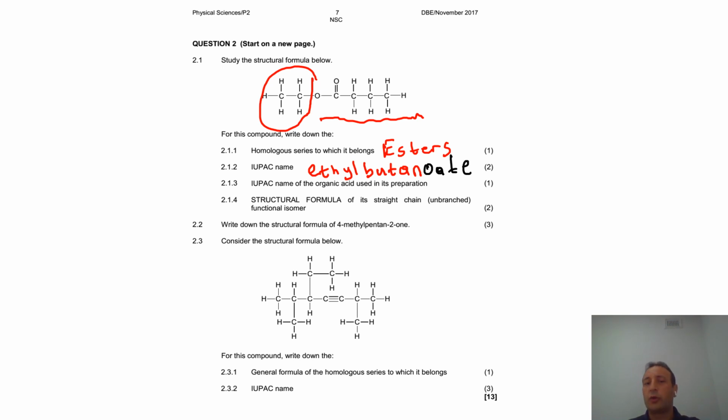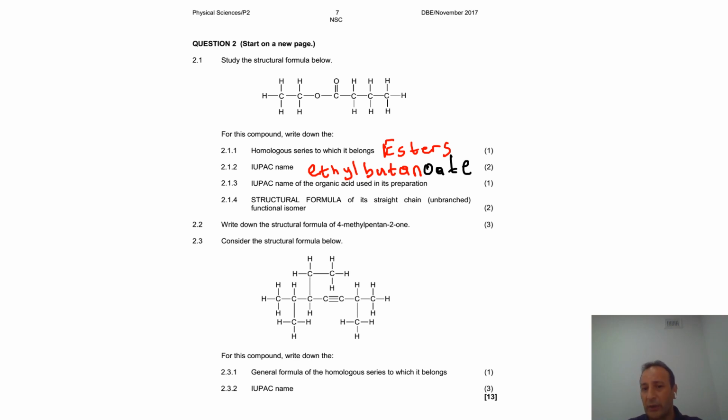2.1.3, IUPAC name of the organic acid used in its preparation. Actually, we haven't gone through this section yet, but let me briefly explain what it is.